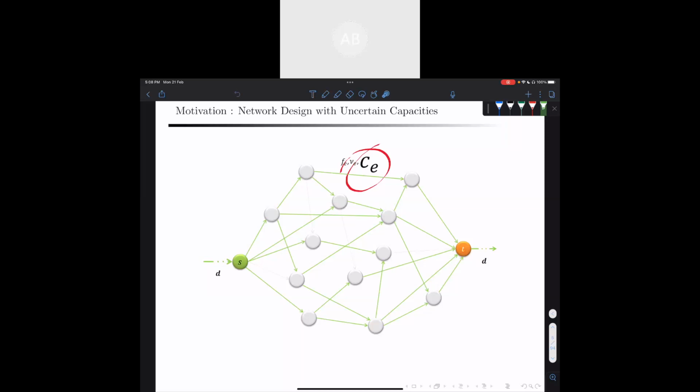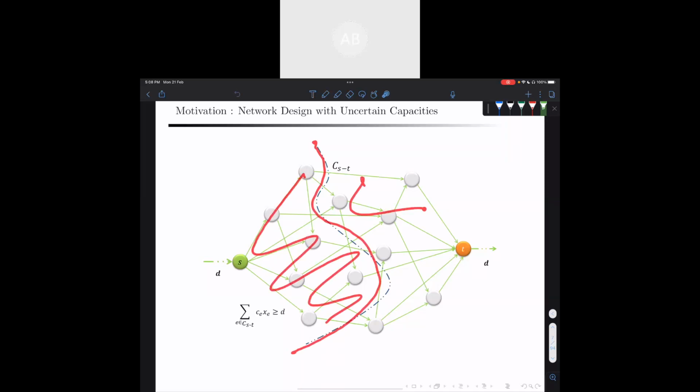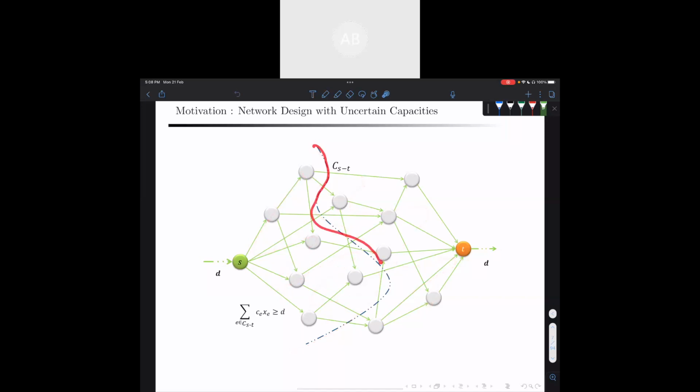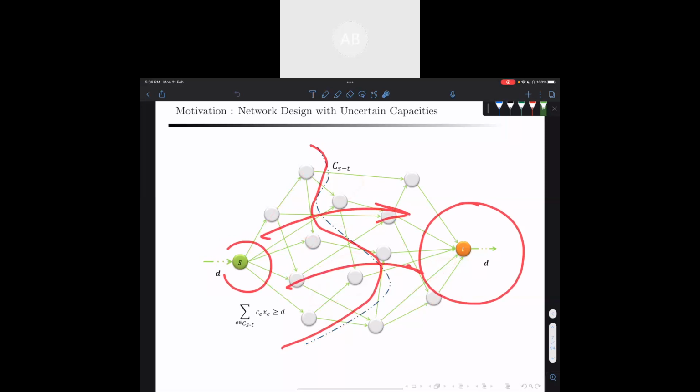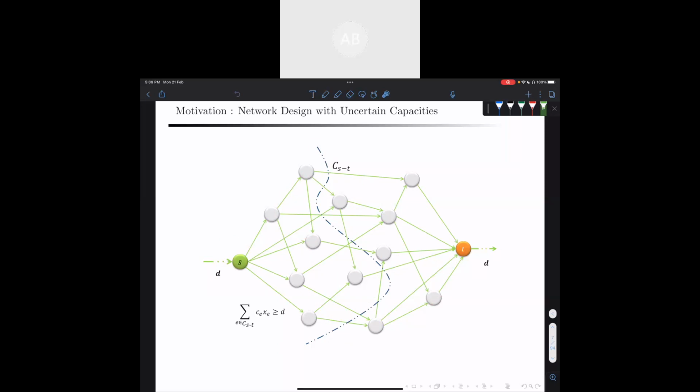Your decision variables essentially become which nodes or arcs to pick, and the most natural constraint is that you pick a topology such that, if I partition the nodes, with all the nodes here and all the nodes here, all the arcs going from the source set to the sink set must have enough capacity to support the flow I'm trying to send across.